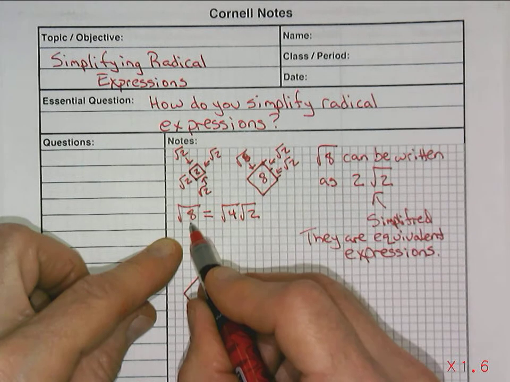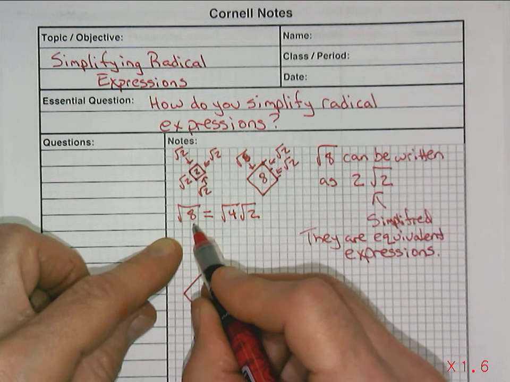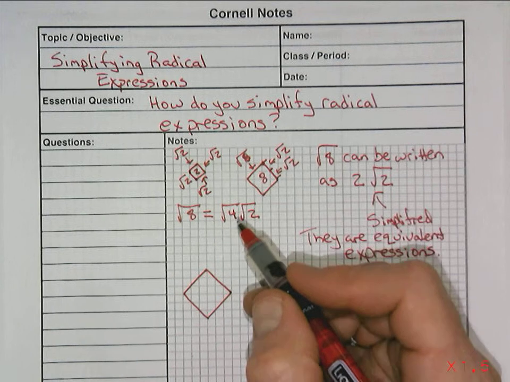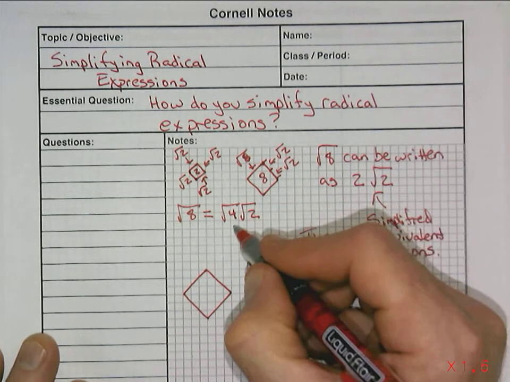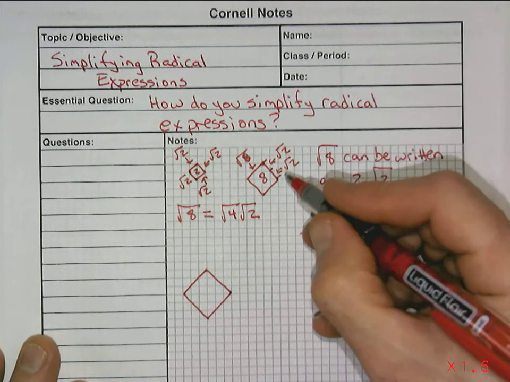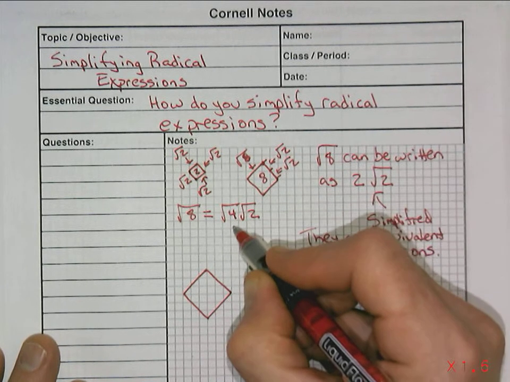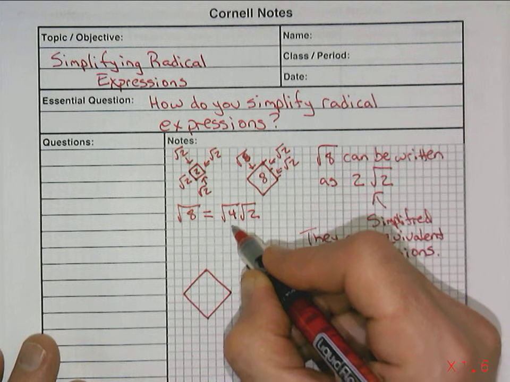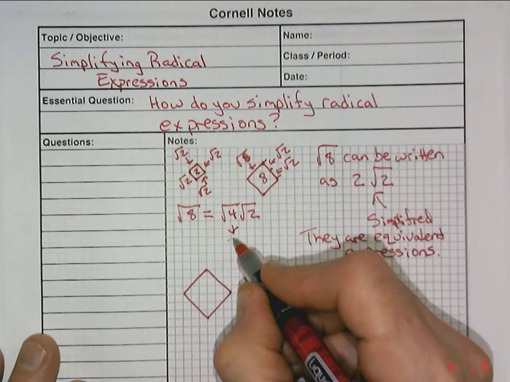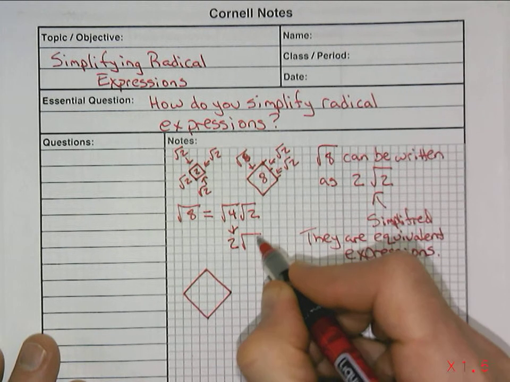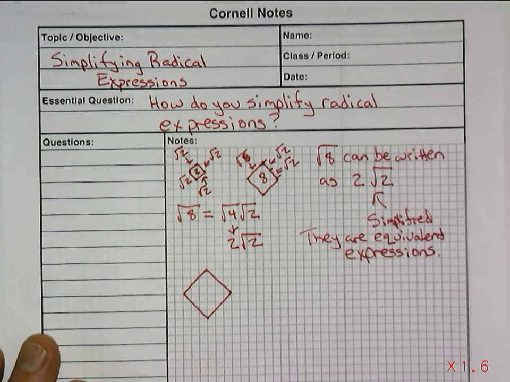In simplifying it, if I didn't have the square to look at, I could just think about factors of 8, any of which are perfect squares, which the square root of 4 is. I actually know the result of that is 2. And so here again I get my 2 square roots of 2 in another way. Both ways give me the simplified version of the square root of 8.